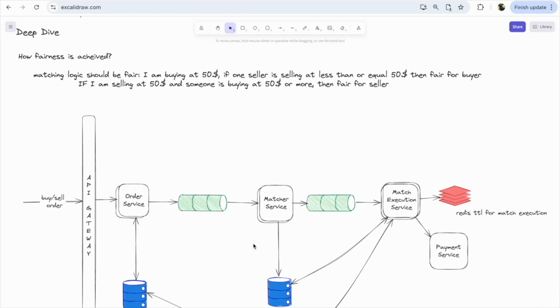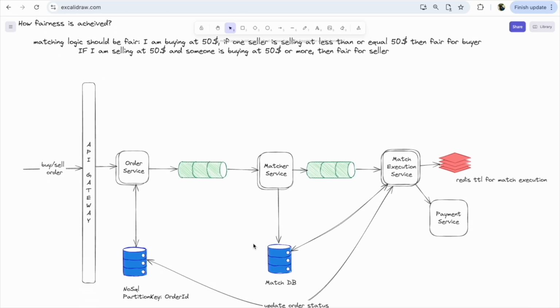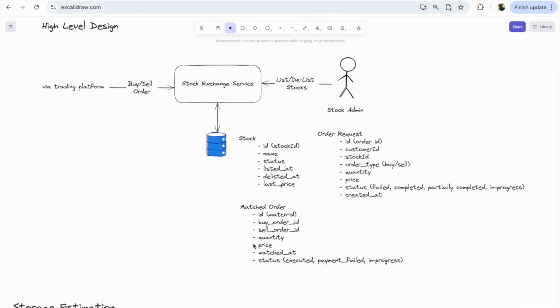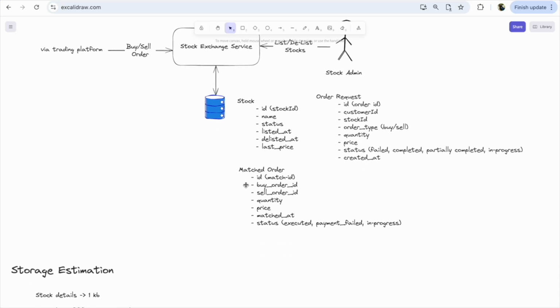Now, I have divided the black box we had here, this stock exchange service, into multiple services. Of course we are going for a microservice architecture, first for fault tolerance, so that one service is not a single point of failure. And next, the scale we have seen is huge, so we want to go for a microservice based architecture.